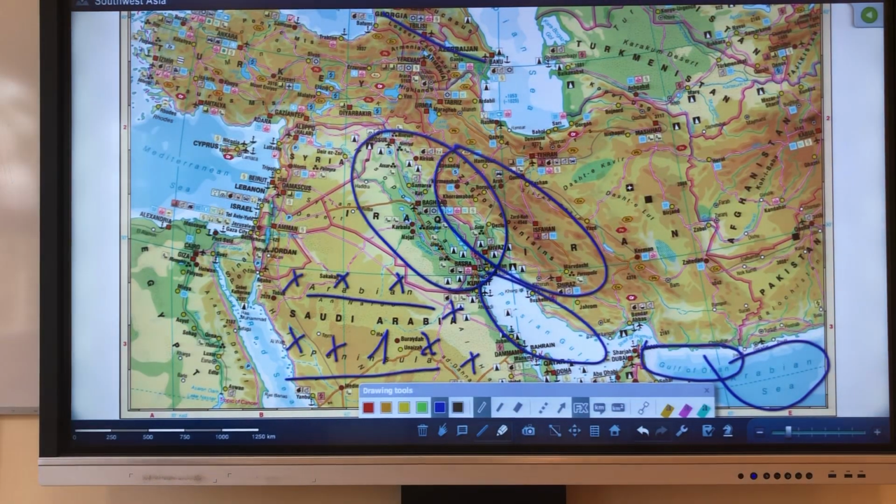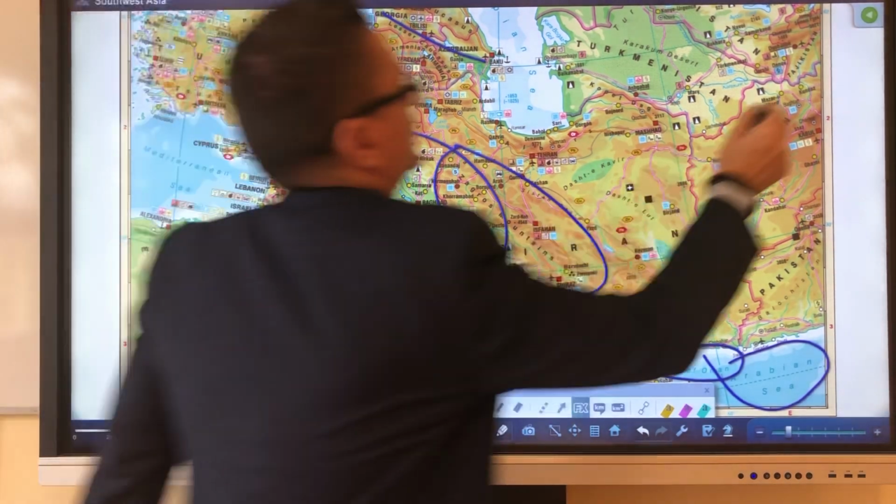So, in this kind of fashion, you could just continue and match the names with the different parts. And when you finish the tasks, you can send an image to me. You can take a picture of this, and then I can see this as well.